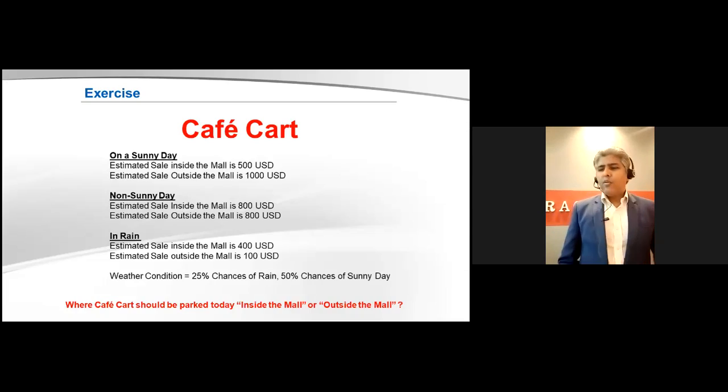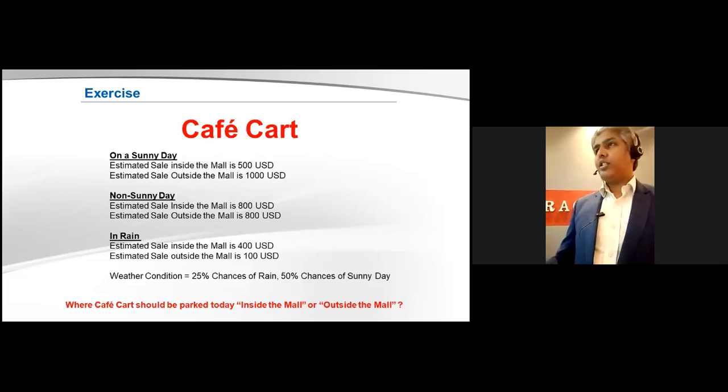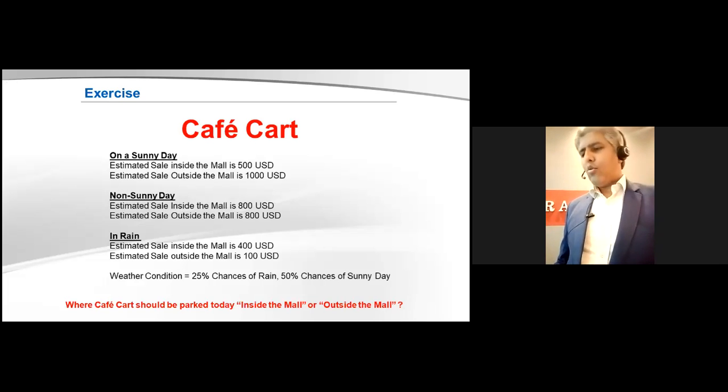Before moving forward, I want you to answer a small question on Slido. It's on your screen right now. Consider you have a coffee cart, a simple cart where you sell coffee, and every morning you get a weather update on your mobile.